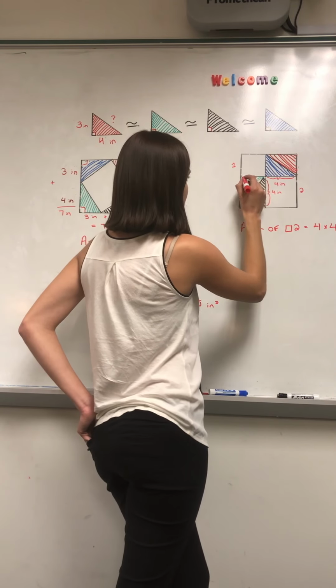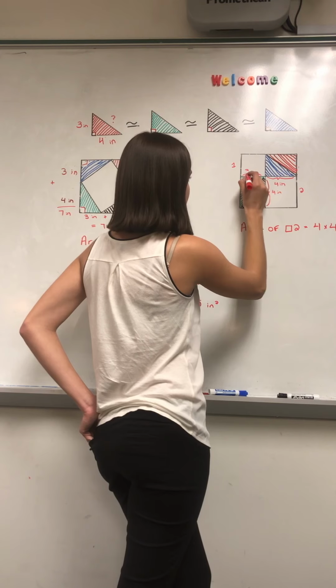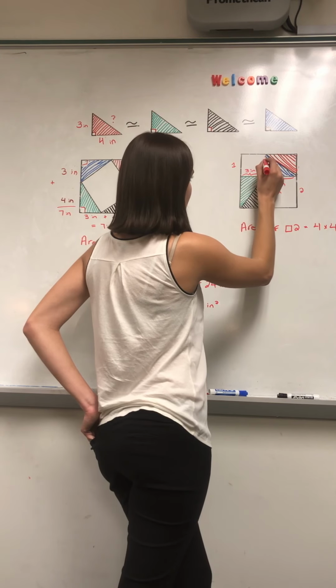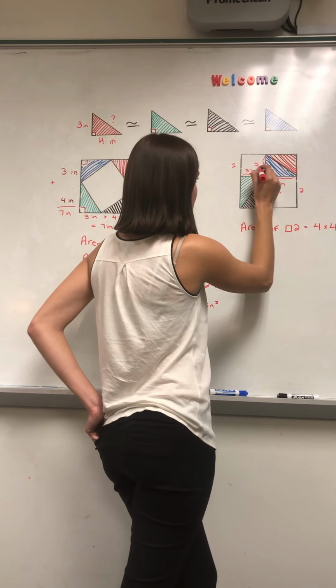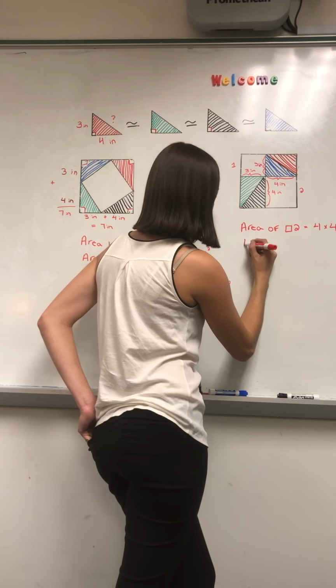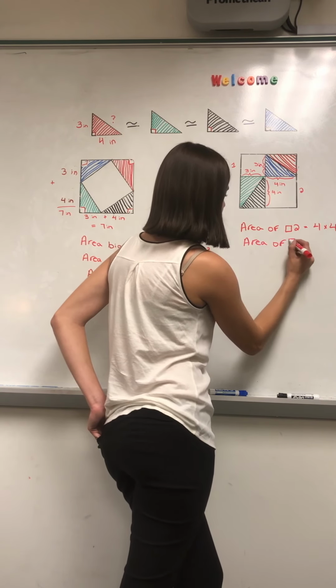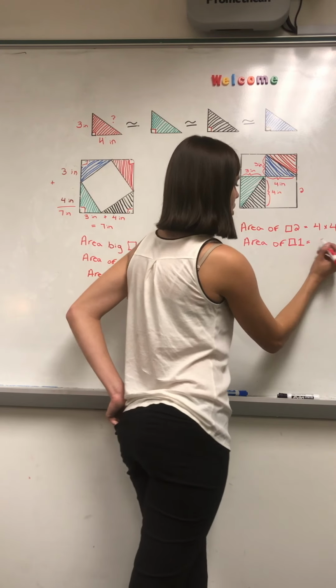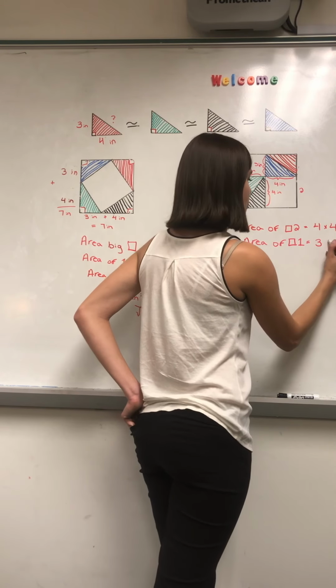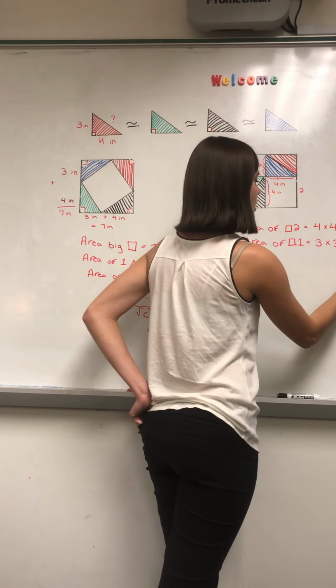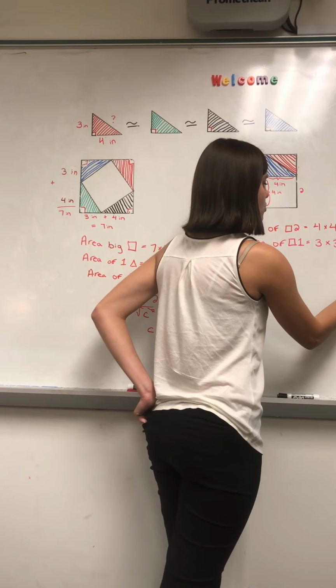Now we see here that this is the shorter side, and this also is the shorter side. So once again we have a square, and we're going to do area of square 1. And that's going to be 3 times 3 equals 9 inches squared.